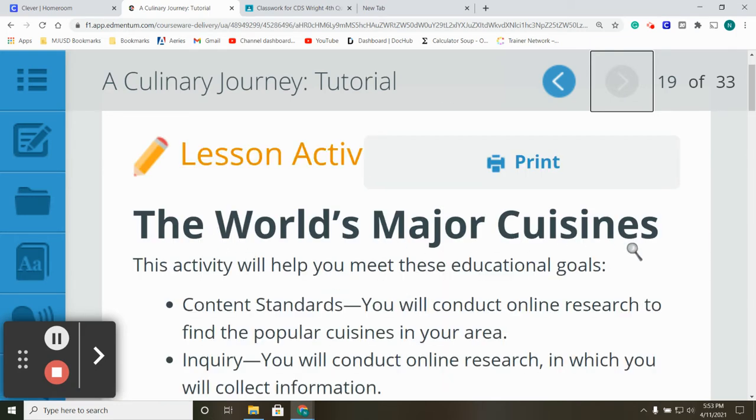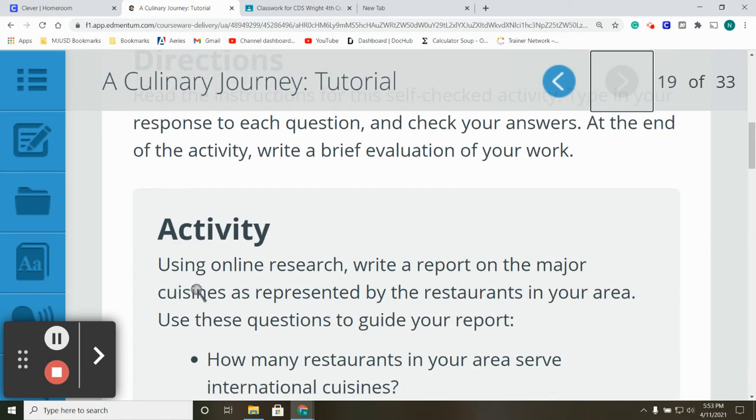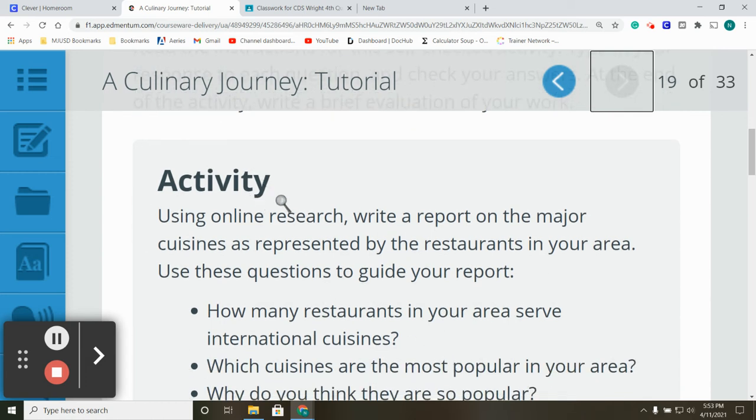The world's major cuisines. So read the instructions for the self-checked activity, type in your response. Activity: using online research, write a report on major cuisines as represented by the restaurants in your area. Make a creative arts project that focuses on the world's cuisines.